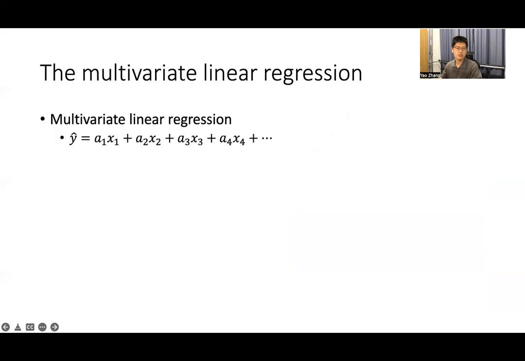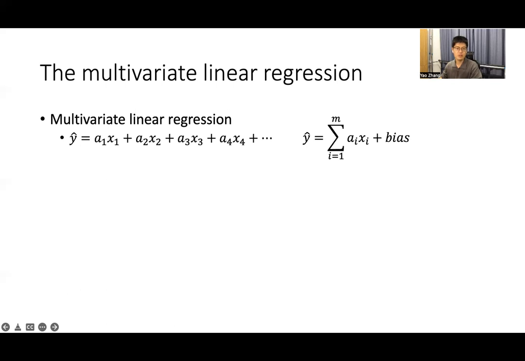We can build a very simple multivariate linear regression model, which includes the variables we just mentioned, x1, x2, x3, x4. Each of the variables will give a coefficient, A1, A2, A3, A4, etc., like the equation we show here. We can also write it in a different form.